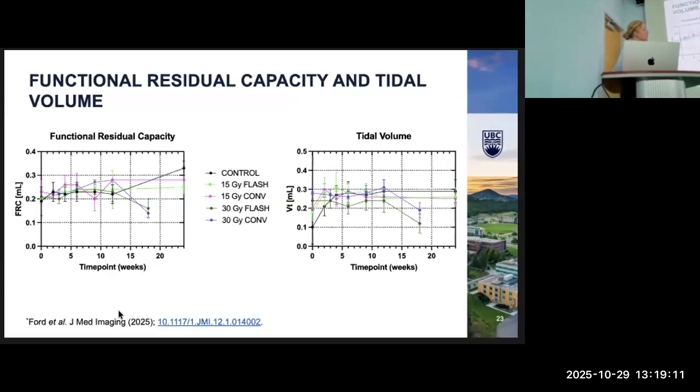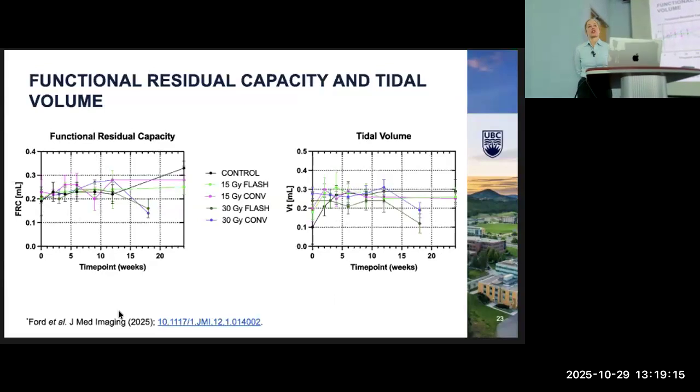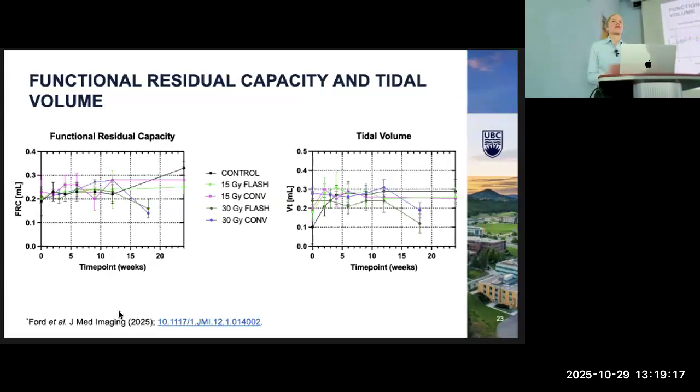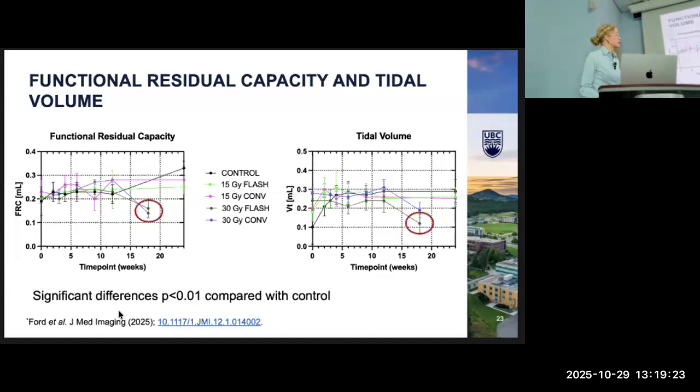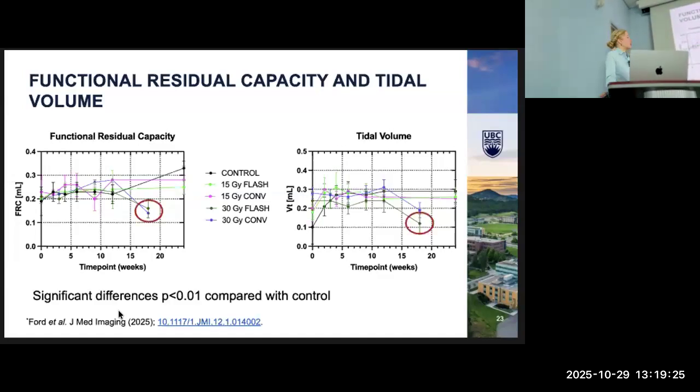And on the far side is the tidal volume. That's basically how much air is exchanged per breath. So that's basically the difference between the two volumes that I showed on the previous slide. And again, we see significant differences from our control group. So we're able to see the size of the lungs, we're able to see the function of the lungs has declined.